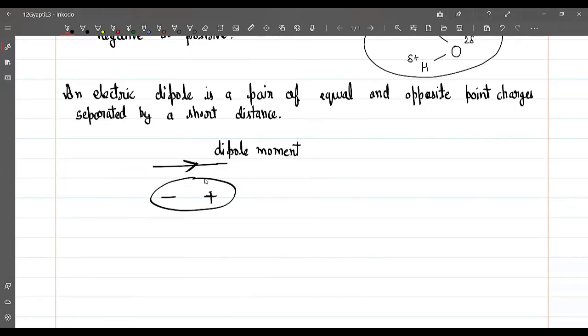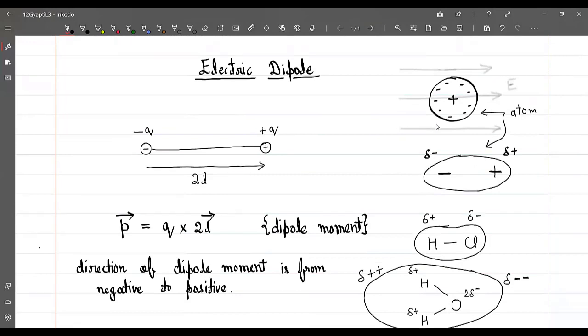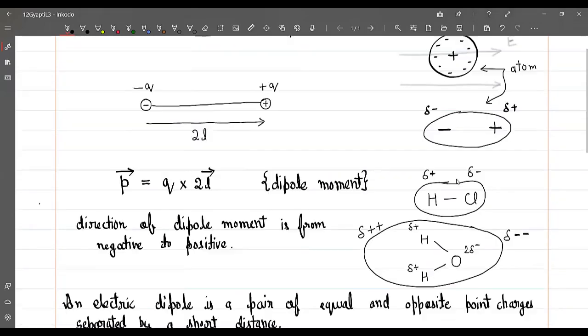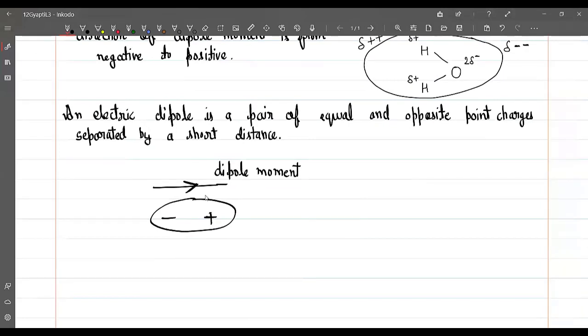Because when we apply external field to this atom, it separates the charges: the negative charge moves towards the left, the positive charge moves towards the right. So this dipole moment basically shows the direction in which electric field was applied.